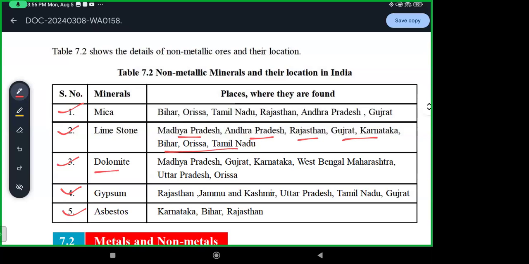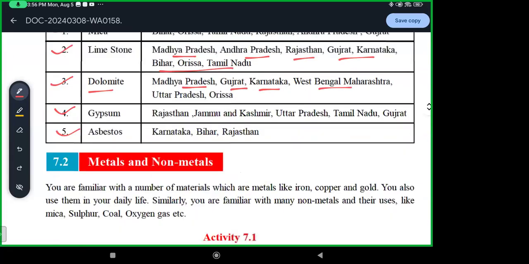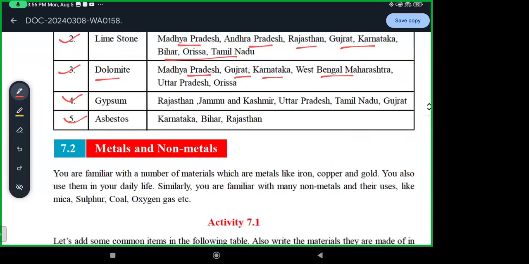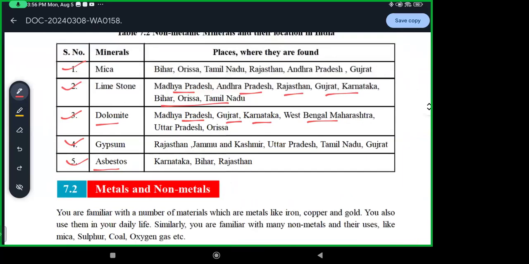Dolomite is found in Madhya Pradesh, Gujarat, Karnataka, West Bengal, Maharashtra, Uttar Pradesh, Orissa. Then gypsum, found in Rajasthan, Jammu Kashmir, Uttar Pradesh, Tamil Nadu, Gujarat, and asbestos, found in Karnataka, Bihar, and Rajasthan. These are all types of non-metallic minerals.